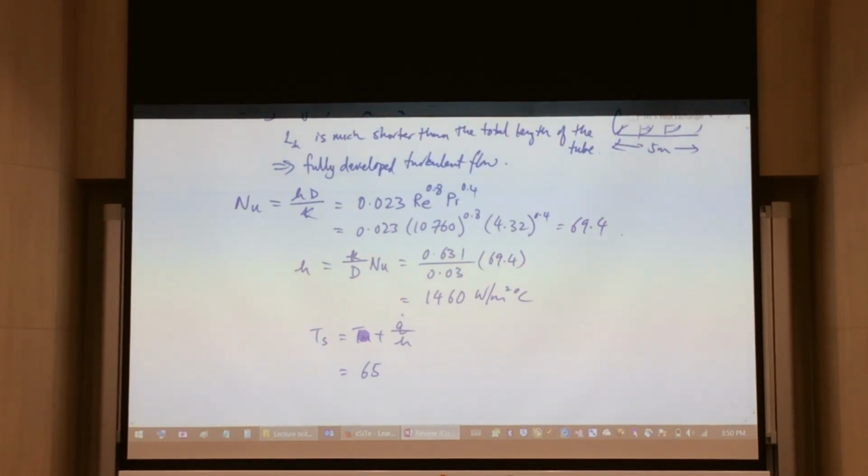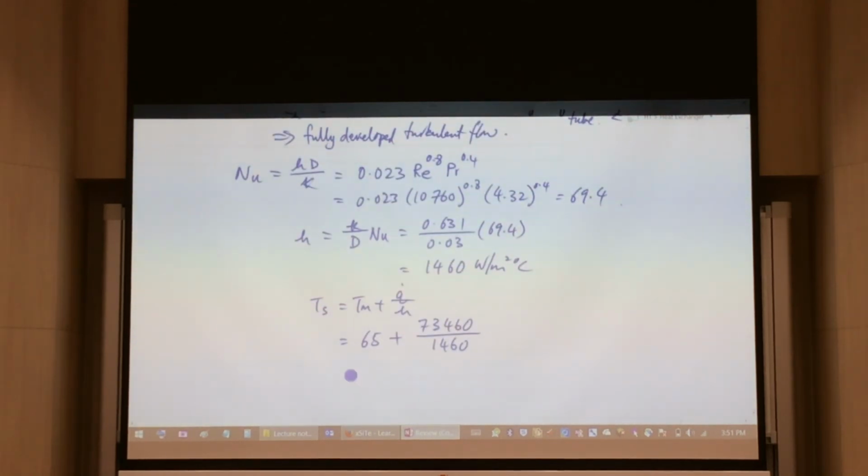So that's 65 plus your Q dot, which was what we found just now, 73460, divided by the h that we just calculated. Work that one out, 115 degrees Celsius. So that is the surface temperature of the pipe that's been heated up, and that heats up the fluid that's flowing within it.